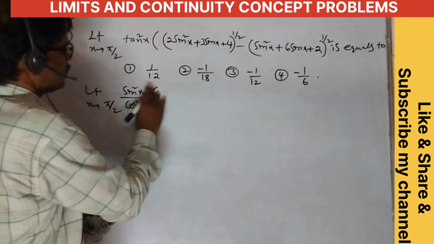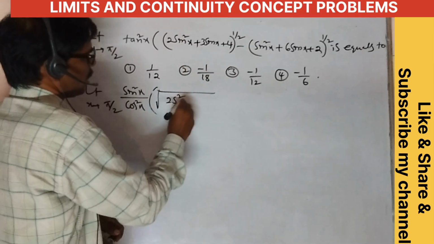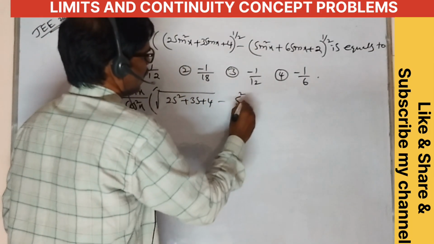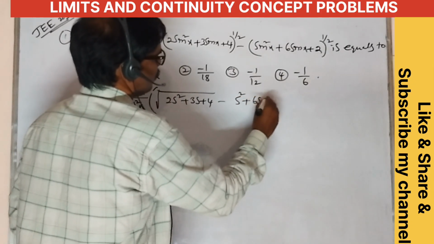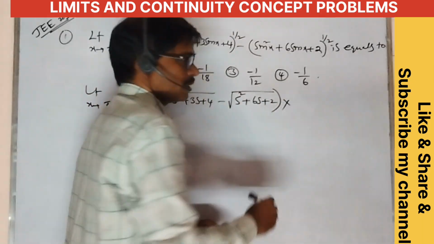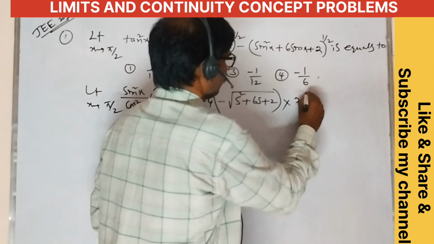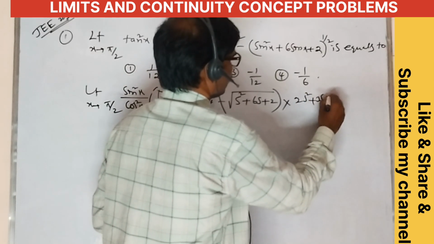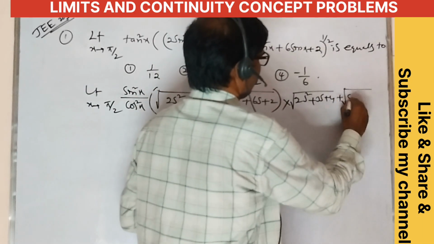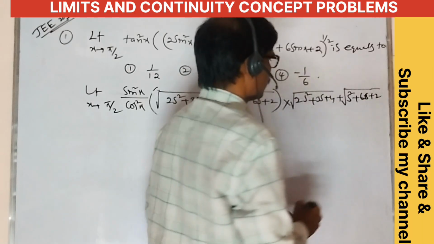This is written with s as sin x: square root of (2s square plus 3s plus 4) minus square root of (s square plus 6s plus 2).